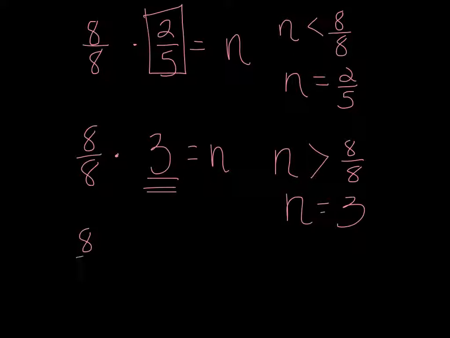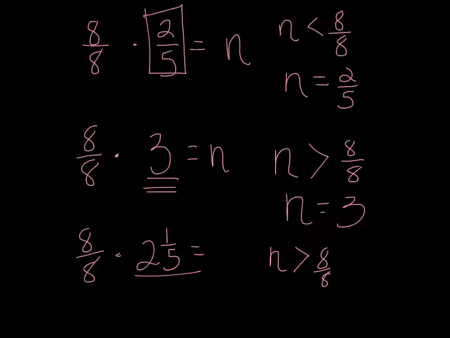And if we have 8/8 again, but this time multiply it by a mixed number, like 2 1/5, then n is going to still be greater than 8/8, because the other factor is greater than 1. But n would still be equal to 2 1/5.